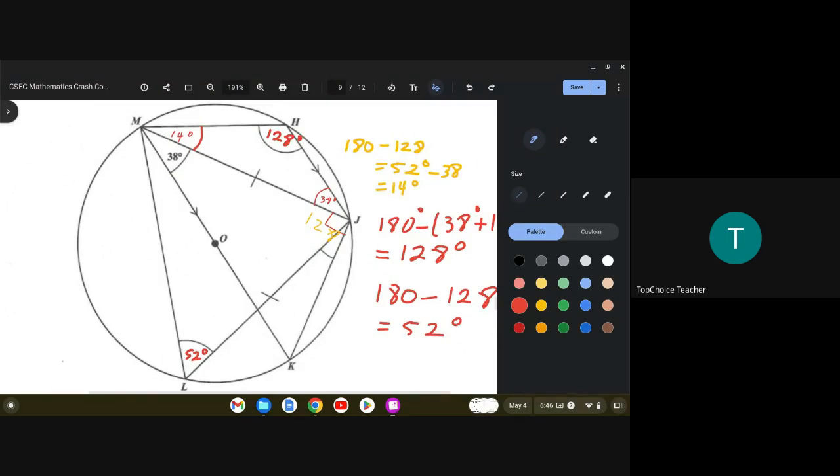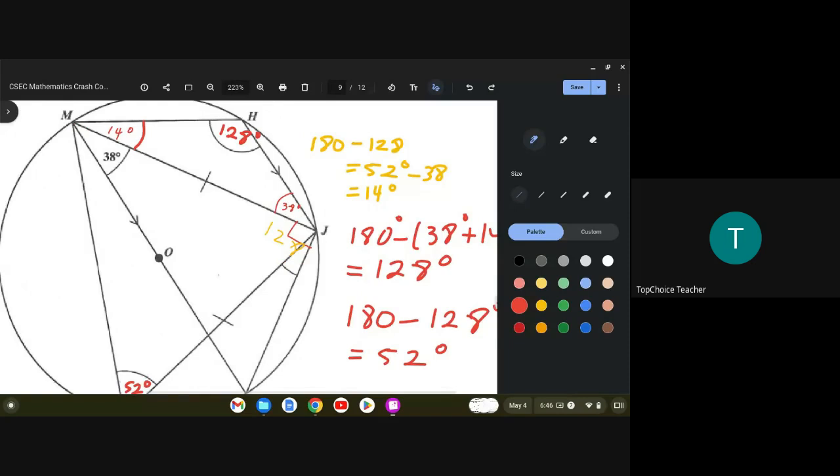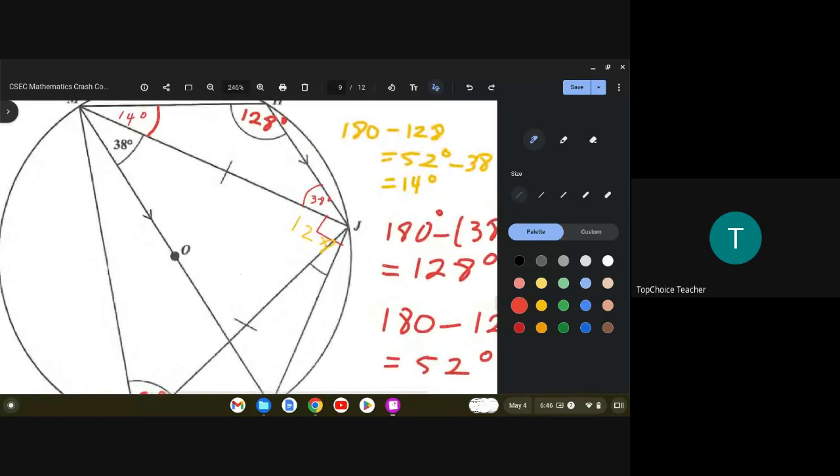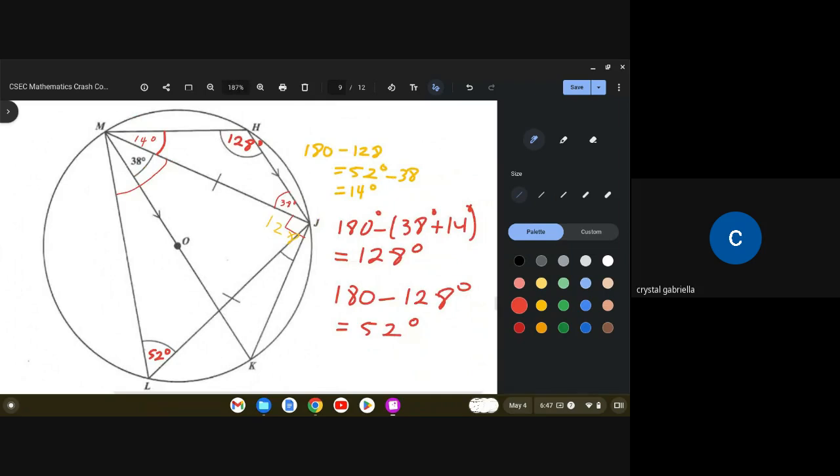That was this 52 we have up here. You remember how we got this 52? If you can't remember, you might have to check back the recording. That 52 was this angle here. It's a triangle, so it would be 90 plus 52 plus 38.